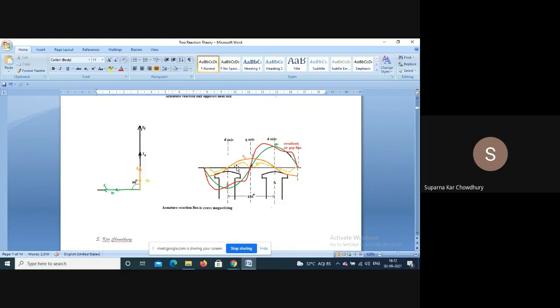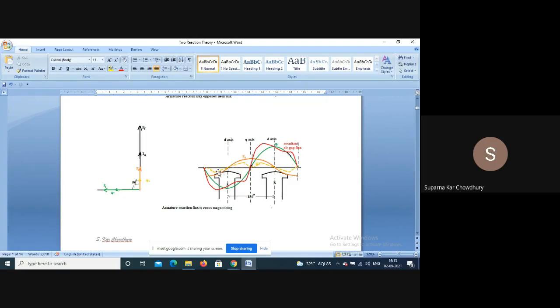Now the flux is MMF divided by the reluctance. The reluctance under the pole is more or less constant and small, but in the interpolar region it is quite large. So even though the MMF is large there, MMF divided by the large reluctance will give you a small flux.